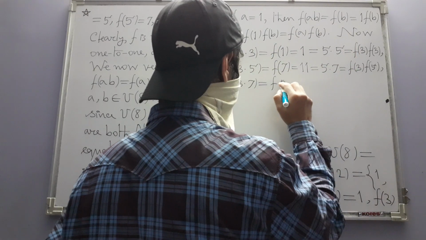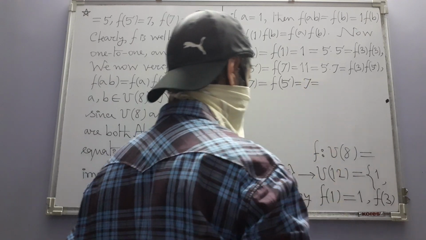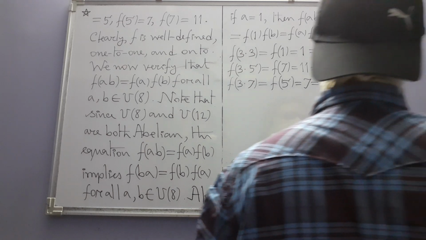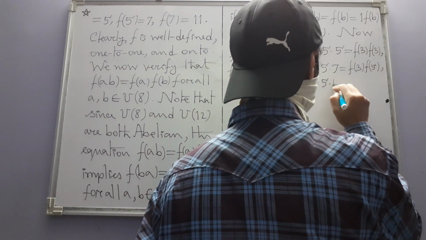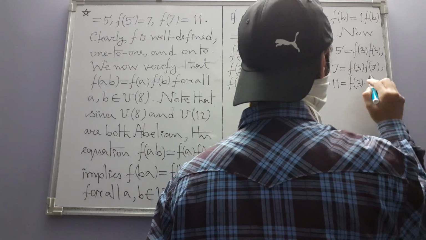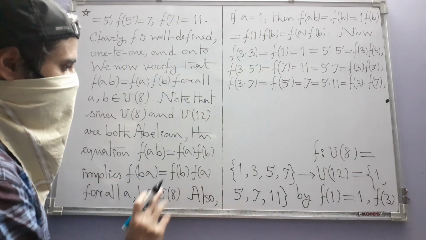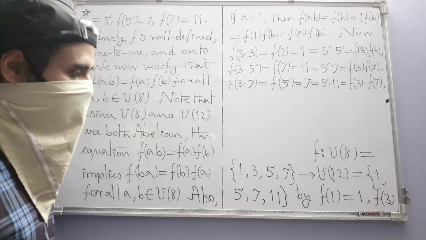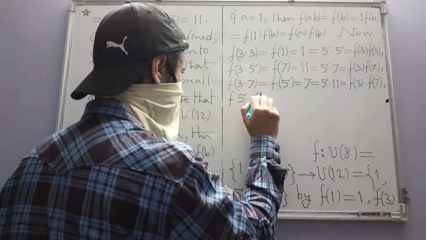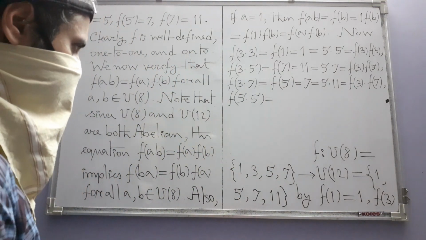So this becomes 5, and f of 5 is 7. In U12, 7 is 5 times 11, and this is f of 3 times f of 7. So we have seen what happens when one of the factors is 3. Next, 5. 5 times 5 is 1.